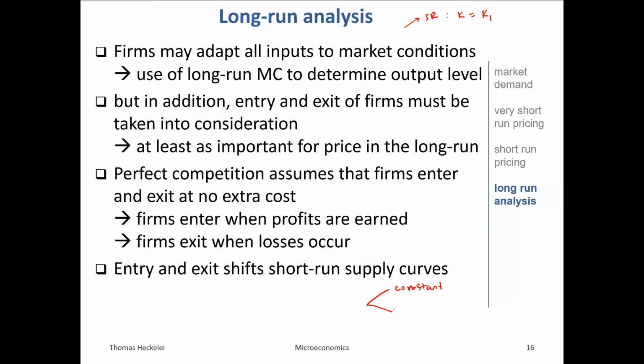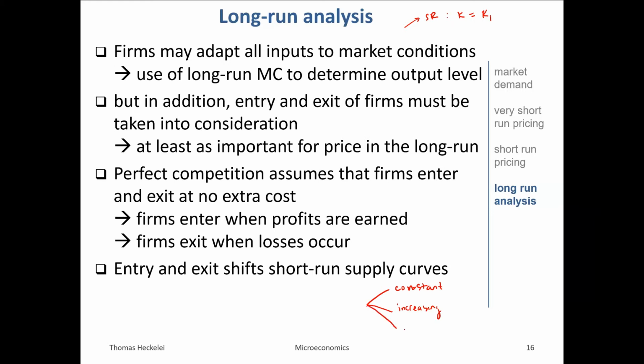Okay, it could also be increasing, meaning the more output the industry wants to produce, the more demand pressure on the input market, and that will increase the input price. And then of course it will have different implications for the long run equilibrium that we're interested in for this industry.